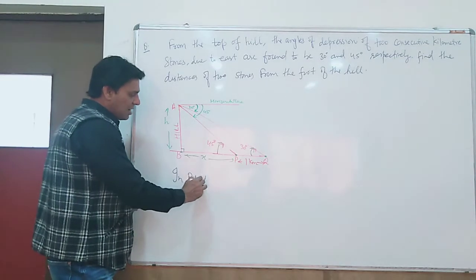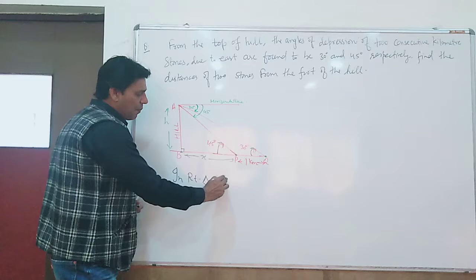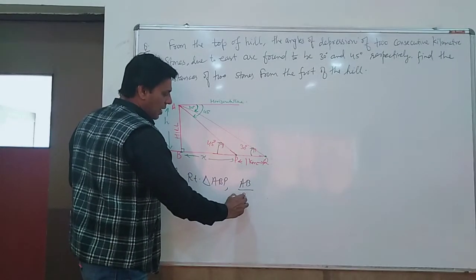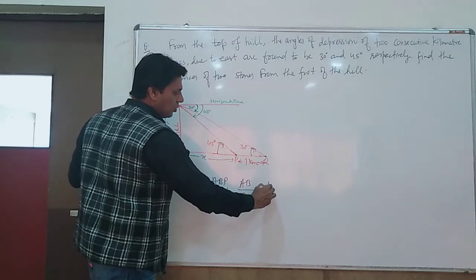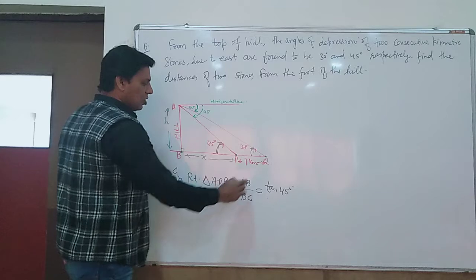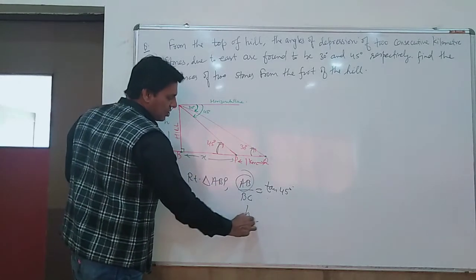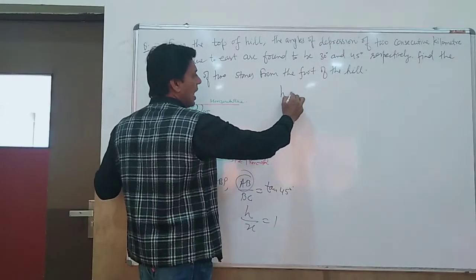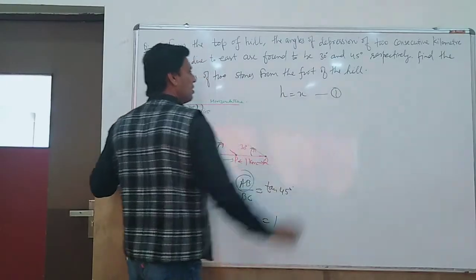In right triangle ABP, perpendicular upon base is equal to tan 45 degrees. AB is H and the base is X, so here you can calculate H is equal to X. This is condition 1.